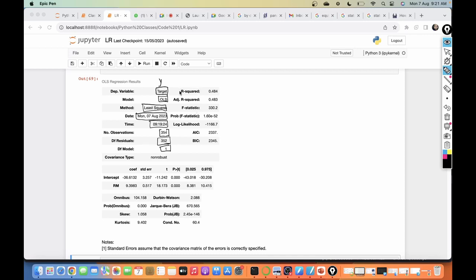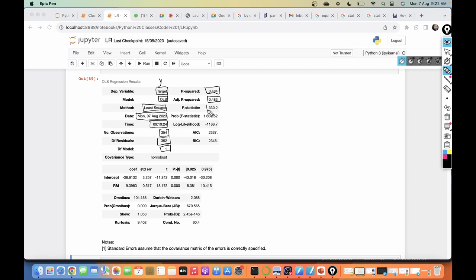Now see about r squared. We know what r squared means, right? We know it, remember? And we also know the adjusted r square. We have seen all these things, right?